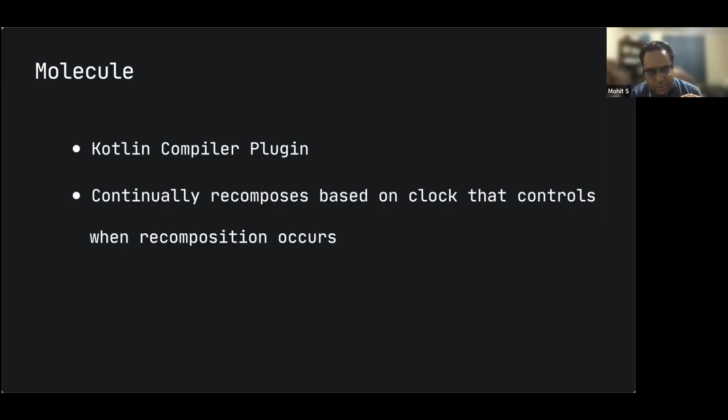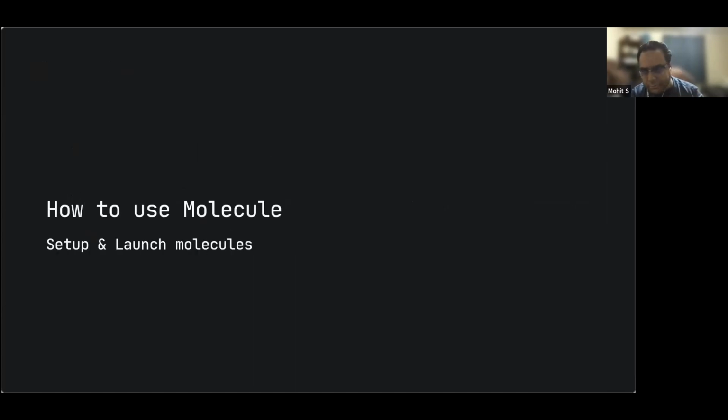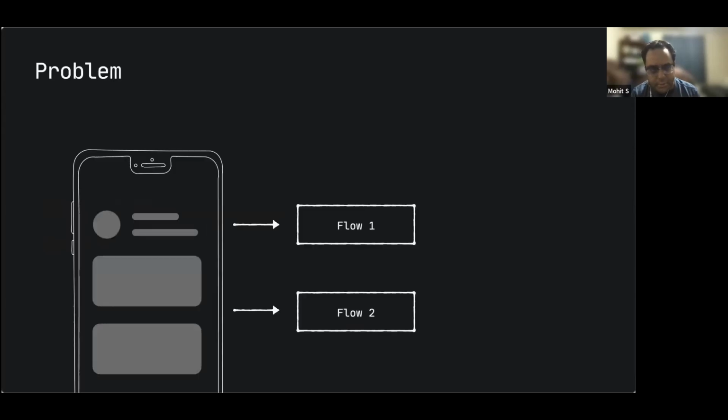So how do you use this molecule library? As I was showing you the approach, how do you go about implementing it? In this scenario, you have a UI in which the data could be retrieved from multiple flows. How do you set that up?